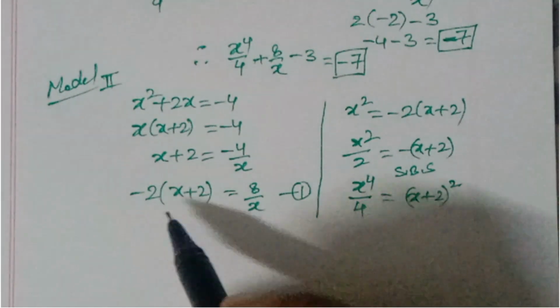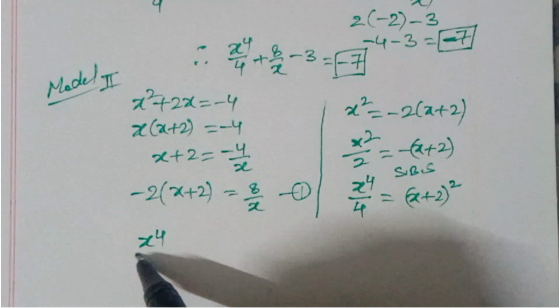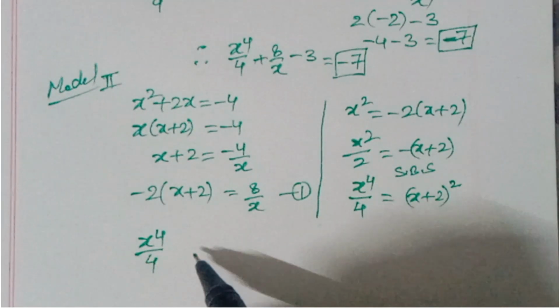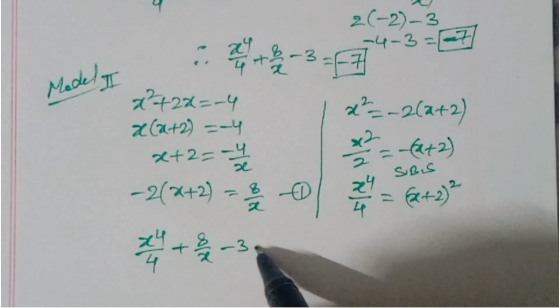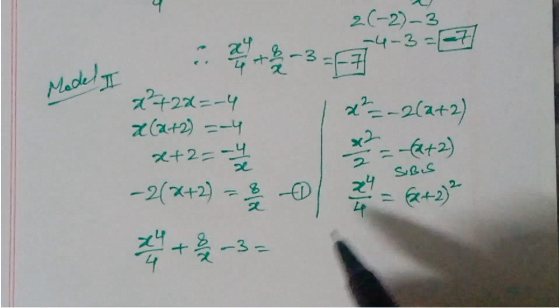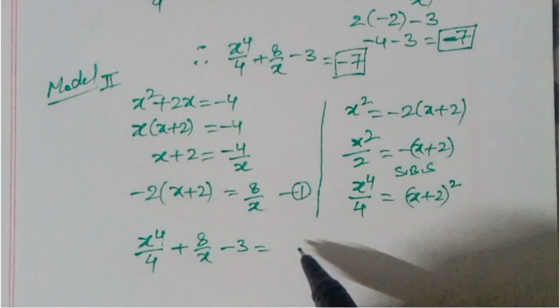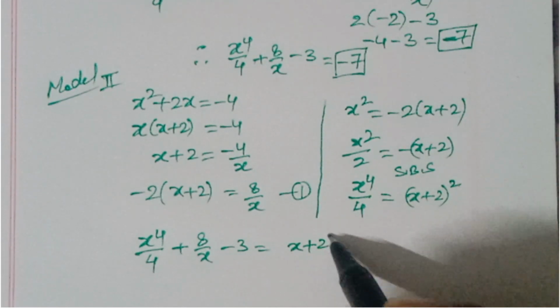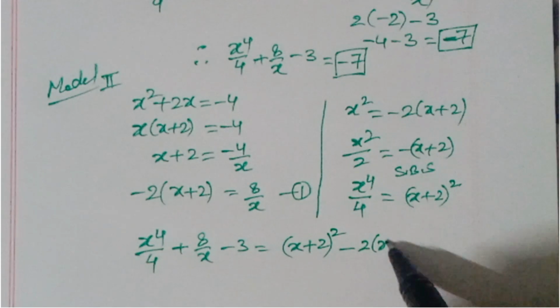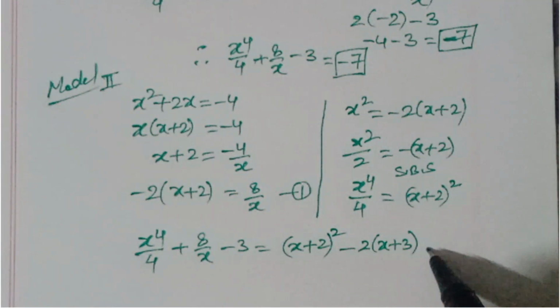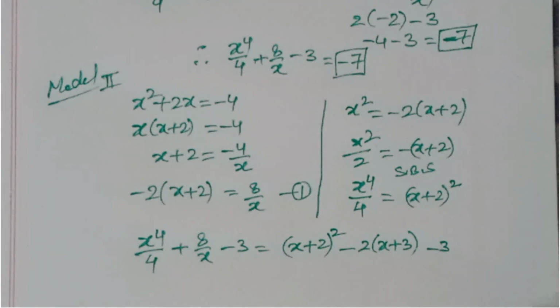Now what is required here? x power 4 by 4 plus 8 by x minus 3. If you substitute the values here, we are getting x plus 2 whole square minus 2 into x plus 2 minus 3. Now it is a quadratic.